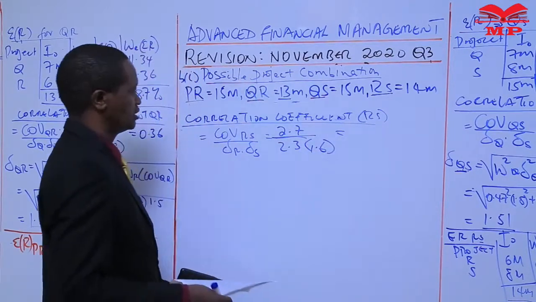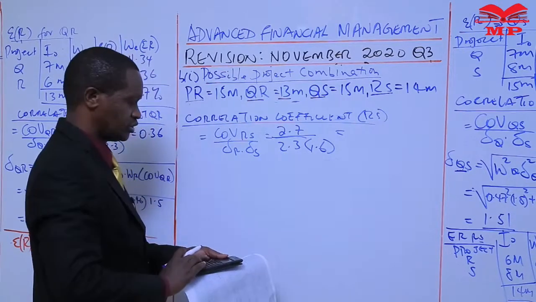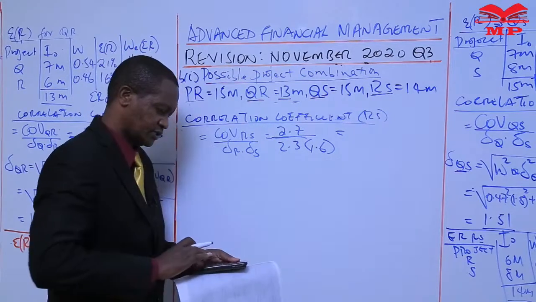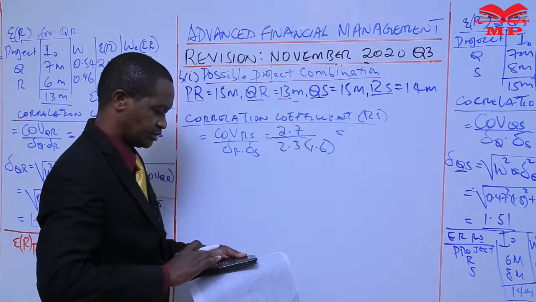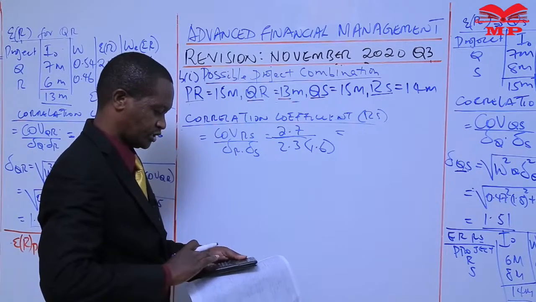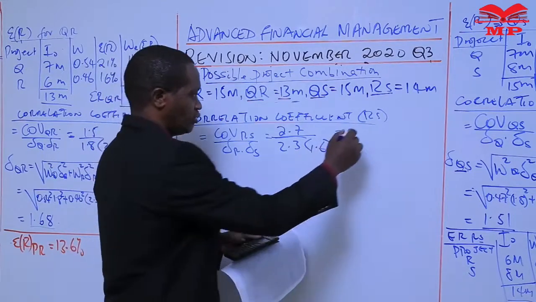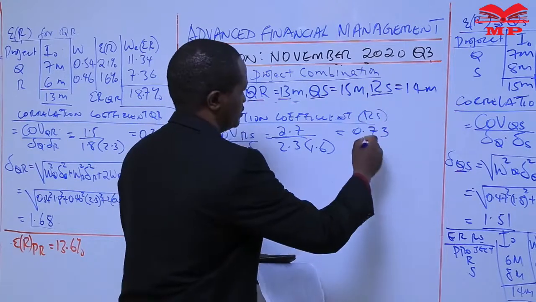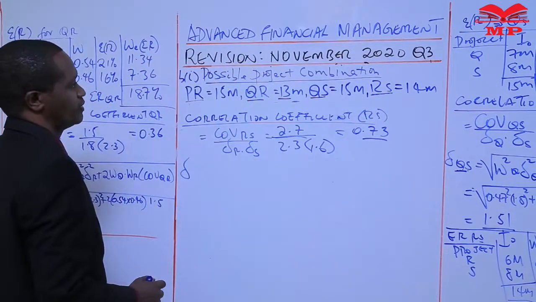So candidates, that will be the correlation coefficient, which is equal to 2.7 divided by 2.3 times 1.6. This is equal to 0.73.